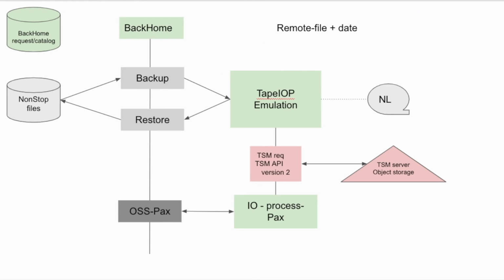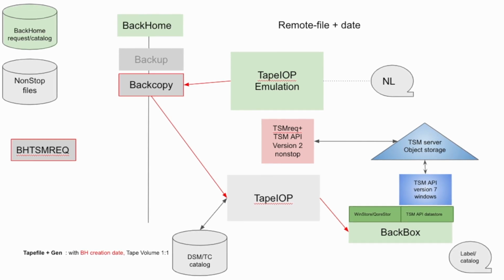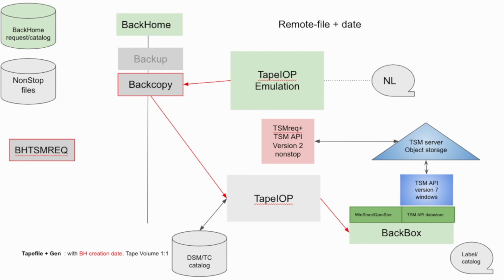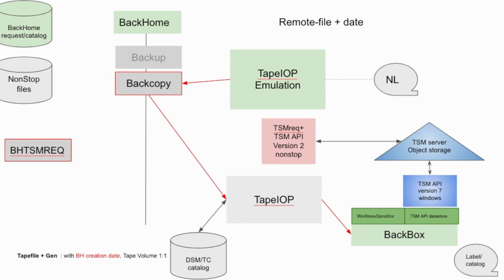Regularly, in BackHome, we are using non-stop programs to read and write to the disk. These programs access data and use what's known as the tape IOP emulation to write to the TSM server. If we wish to migrate from BackHome to BackBox, we will have to replace the restore program used normally with something known as the BackCopy program.